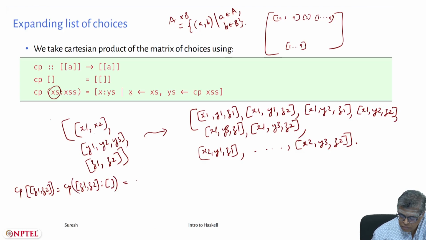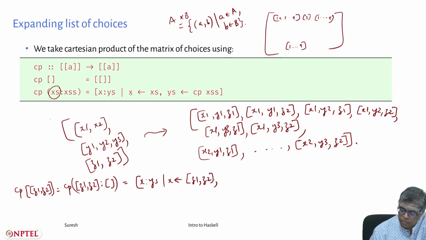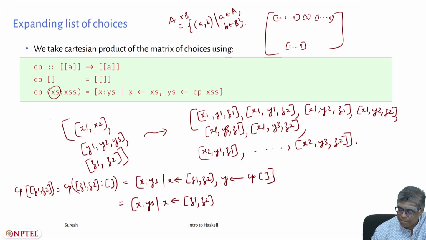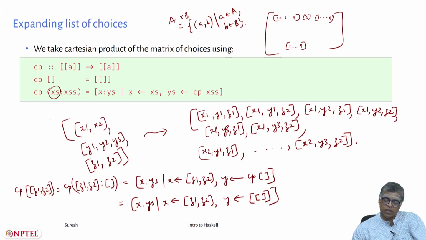That is nothing but x followed by y, where x comes from z1, z2 and y comes from the singleton list consisting of the empty list.